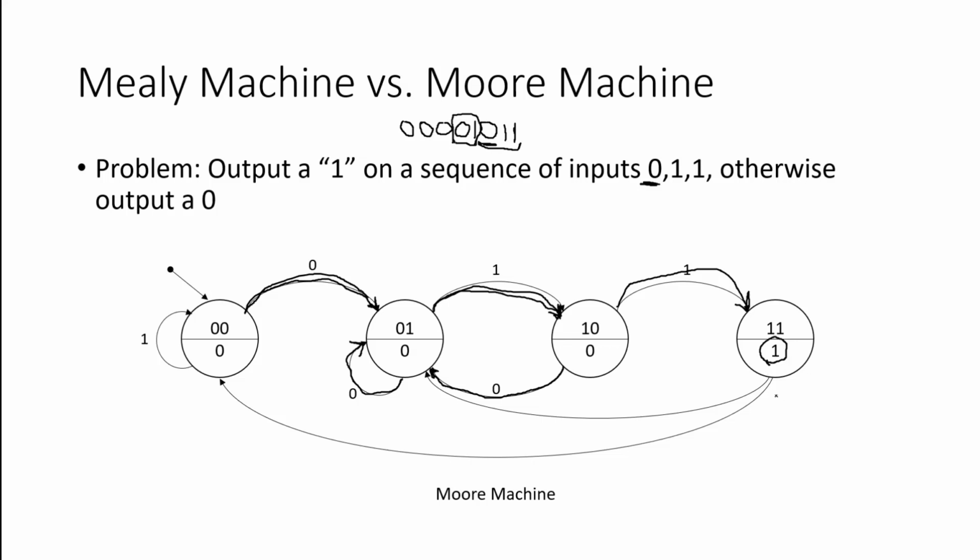Now, when I'm in this state, if I receive a 0, the sequence of 0, 1, 1 has been broken.